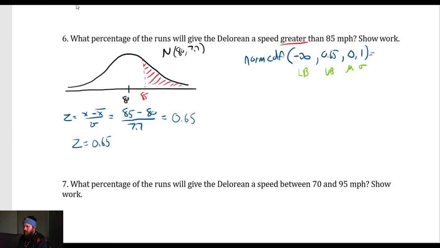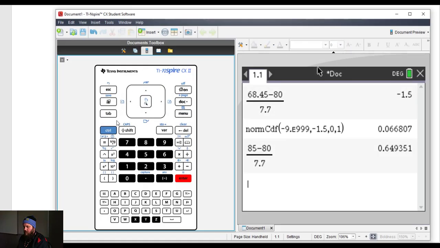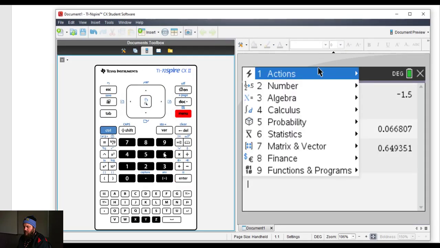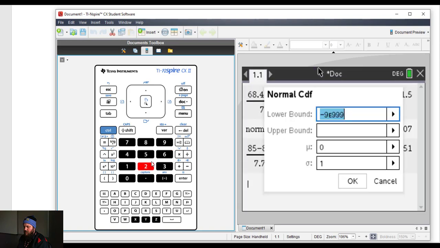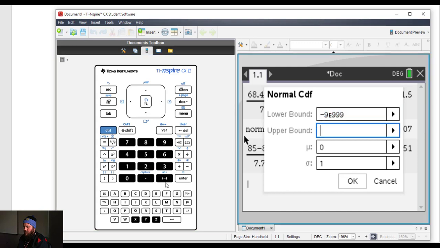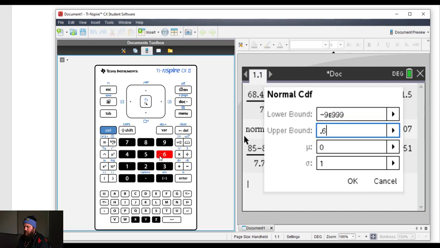Let's see what that gives us. I'll go menu 6, 5, 2: negative infinity, upper bound 0.65, 0 and 1.